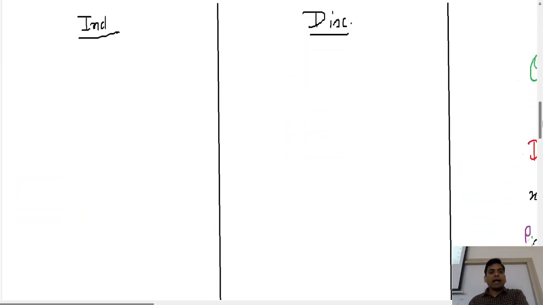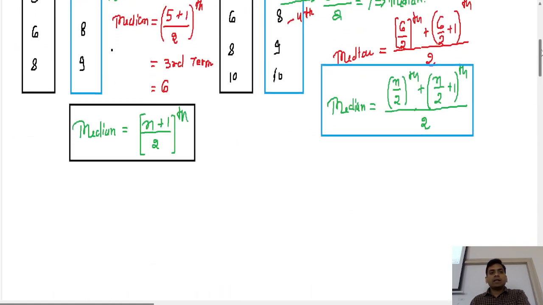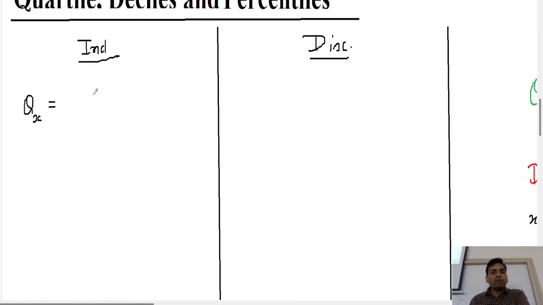So for quartile, what you will write? Quartile is denoted by Qx. X is equal to 1, 2, 3 for quartiles. So the formula for median is n plus 1 upon 2th. In this case, the first thing is n plus 1 upon 4.